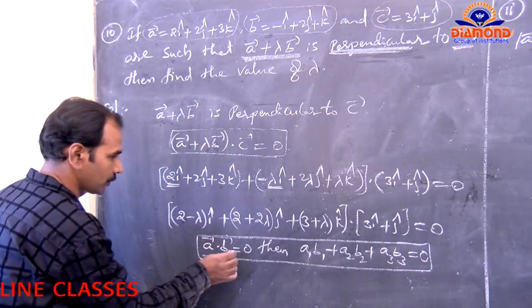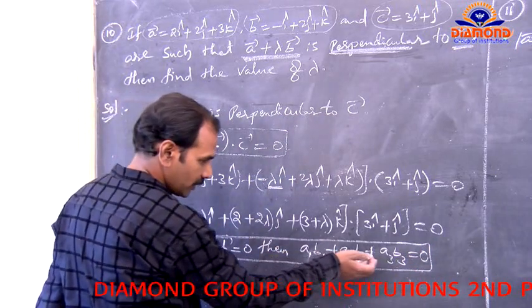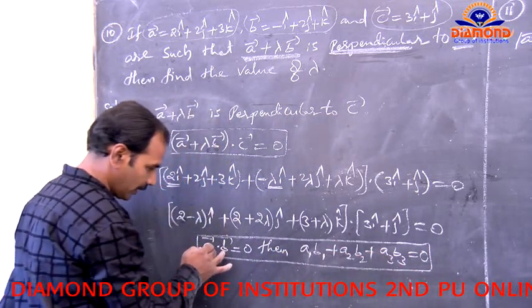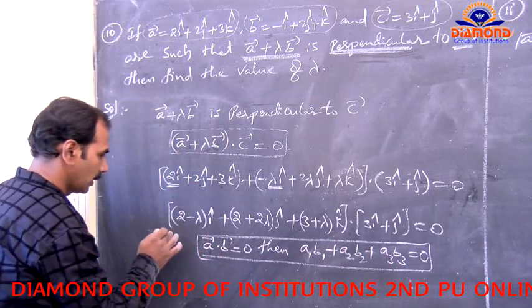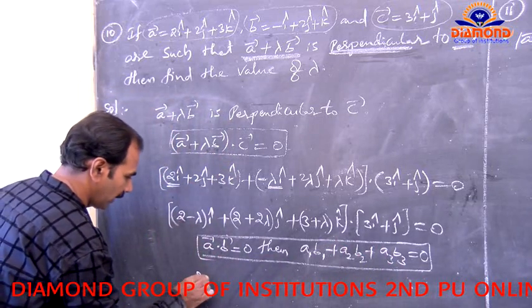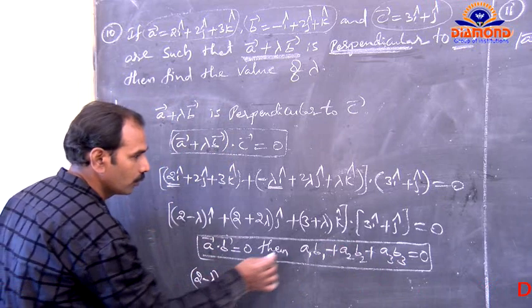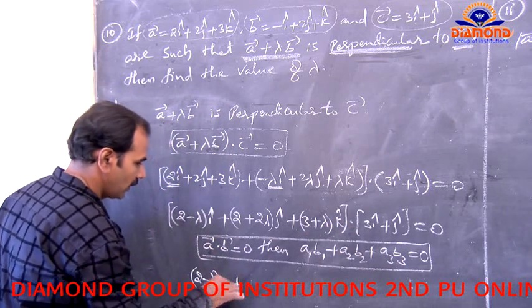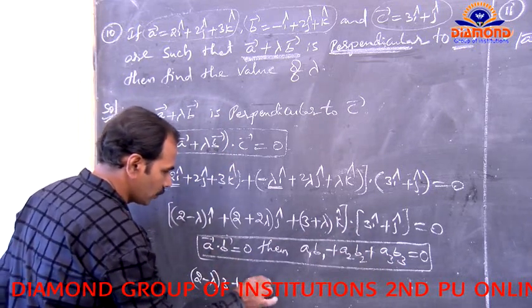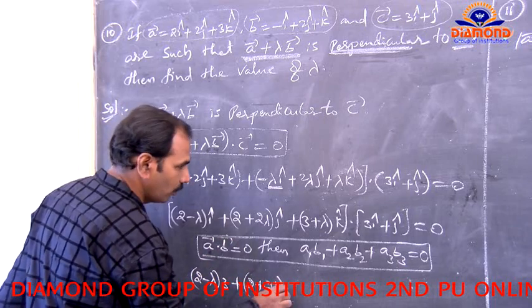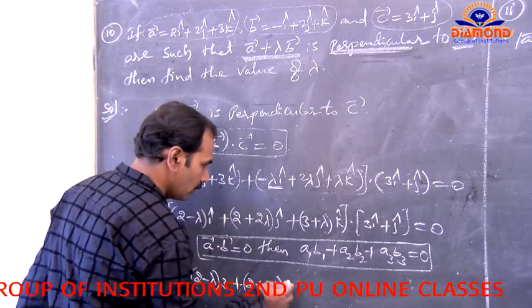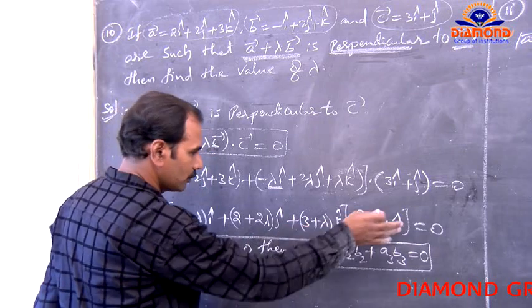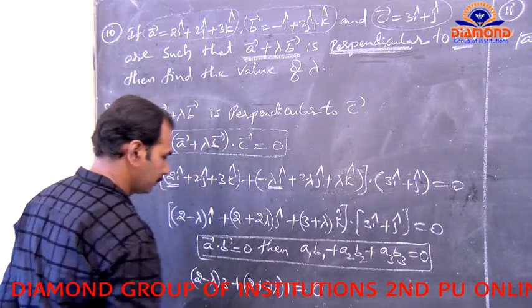A1 B1 plus A2 B2 plus A3 B3 means perpendicular vectors. Here i component 2 minus lambda into 3, plus 2 plus 2 lambda into 1. Next this value into 0 equal to 0.